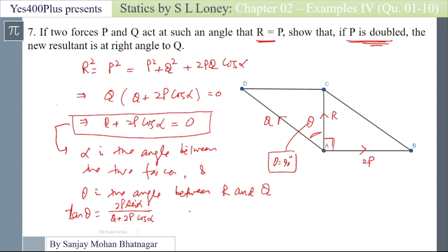Okay, equal to 2p sin alpha upon, but q plus 2p cos alpha equal to 0, so this is 0, so this is infinity, means theta equal to 90 degree.